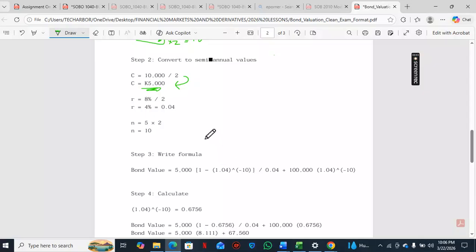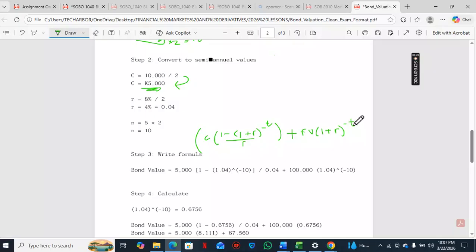Remember, the formula for the bond is the coupon payment C, times the bracket 1 minus (1 plus the rate) to the power negative t, over R, plus the face value or par value times (1 plus R) to the power negative t.